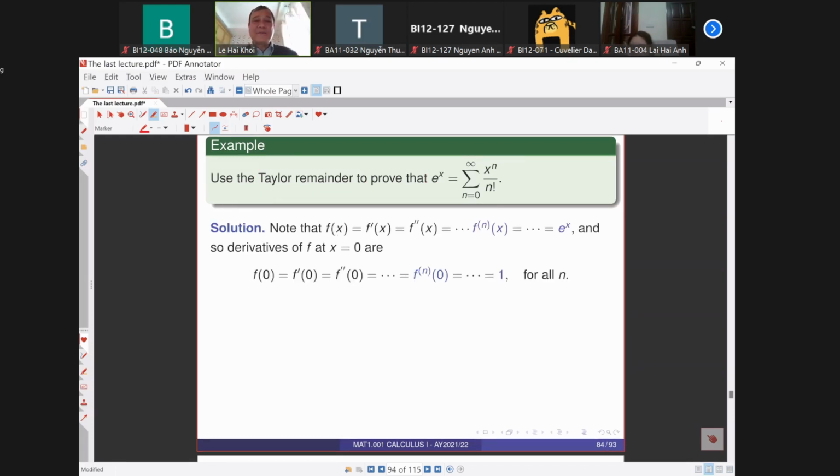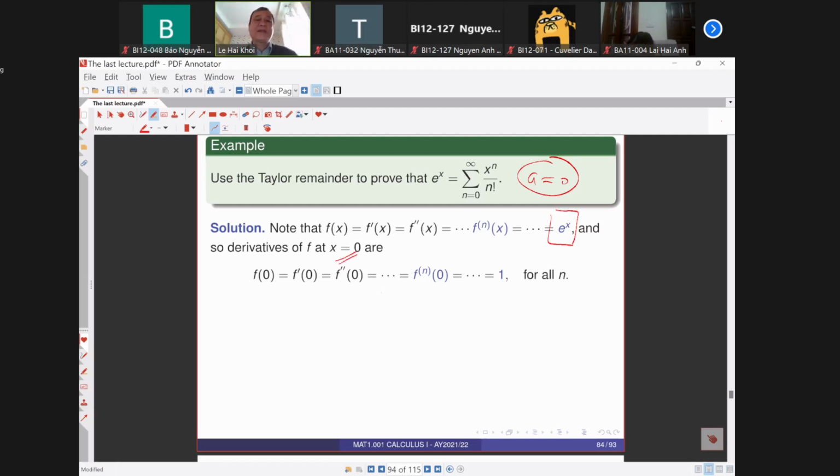Derivatives of f of every order are the same, which is e to power x. Here, a equal to 0. The center, not x minus a, but x only, x to power n, which means that a equal to 0. So this is a.